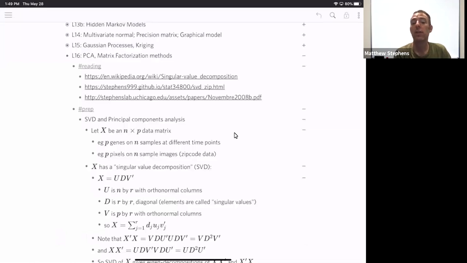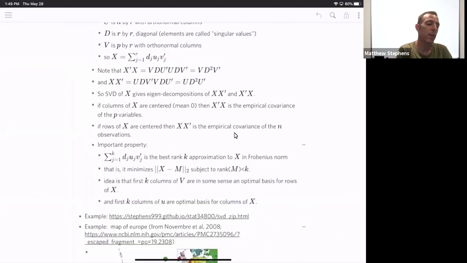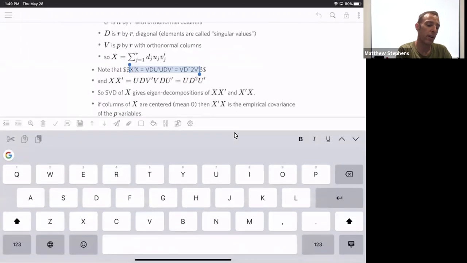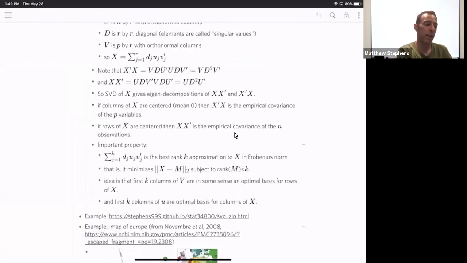X transpose X is always a symmetric positive semi-definite matrix. So you can see that if you know the singular value decomposition, you also get the eigenvalue decomposition of X transpose X, where V are the eigenvectors of X transpose X.